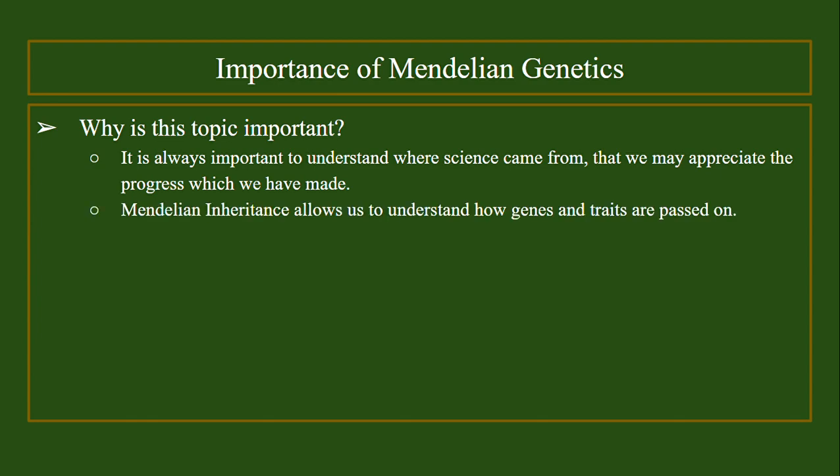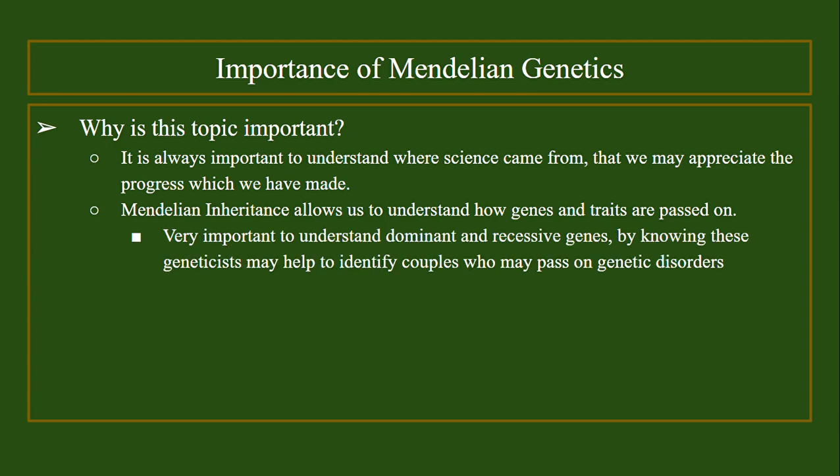Mendelian inheritance allows us to understand how genes and traits are passed on in a fairly straightforward manner. These inheritance patterns are very important in understanding dominant and recessive traits, dominant and recessive genes. By knowing which genes are dominant and recessive, geneticists can help to identify couples who may pass on genetic disorders through their alleles.